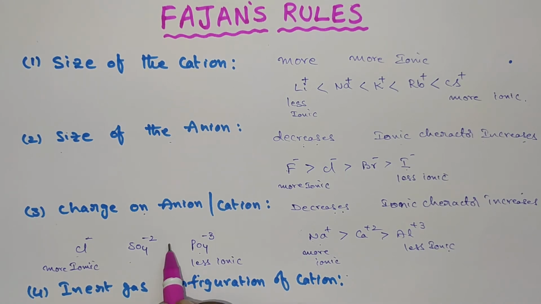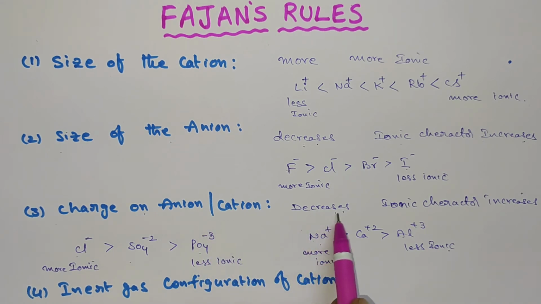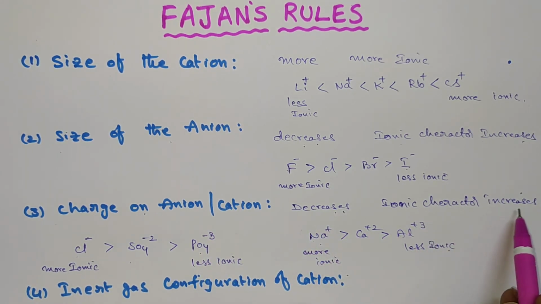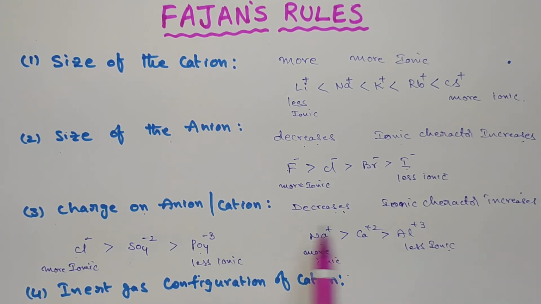So Cl minus is greater than SO4 minus 2, which is greater than PO4 minus 3. In this way, as the charge on anion or cation decreases, the ionic character goes on increasing. The converse of the statement is also true: if the charge of the anion or cation increases, the ionic character decreases.